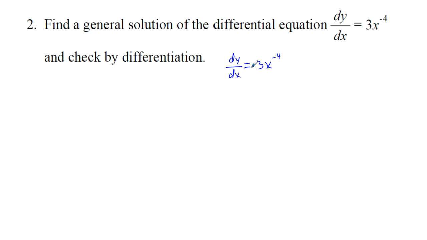We cross multiply the dx, so we're going to have dy is equal to 3x to the negative fourth power dx.